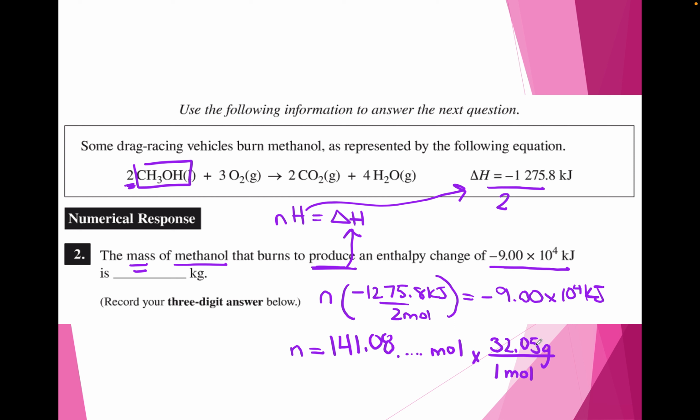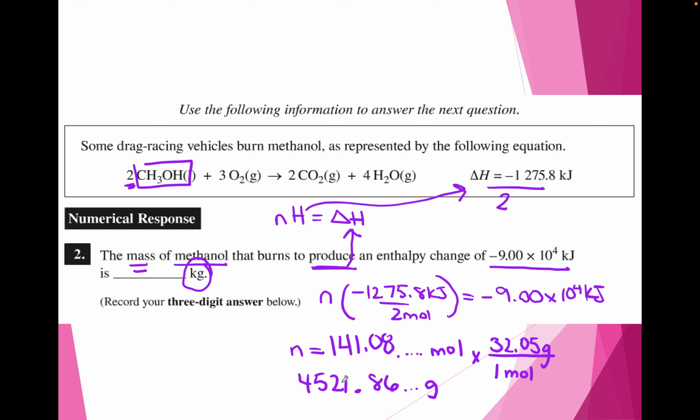And the answer I'm going to get is pretty large. It is 4,521.86, and then that number goes on. And that's in grams. But to answer this question, I needed kilograms. So I'll just take that value and divide it by 1,000.